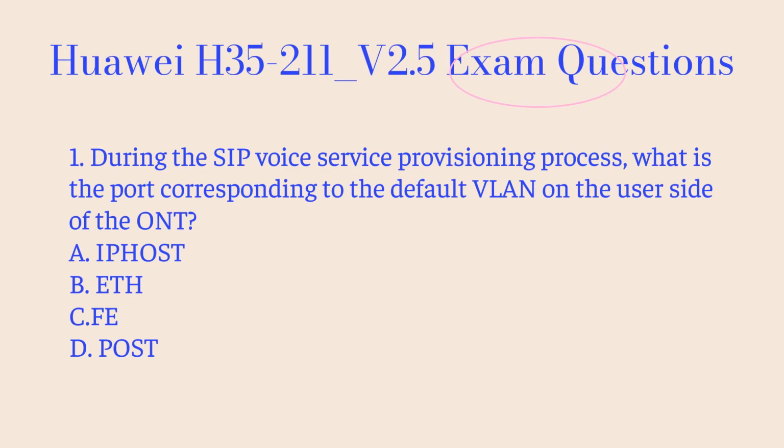1. During the SIP voice service provisioning process, what is the port corresponding to the default VLAN on the user side of the ONT? A. IPHOST, B. ETH, C. FE, D. POTS. 2.